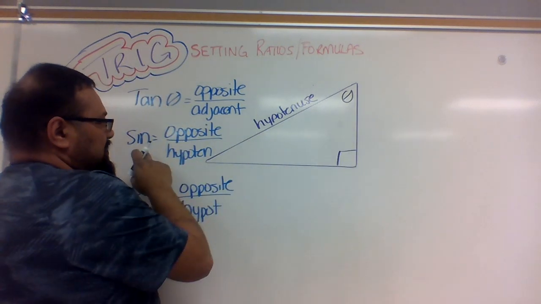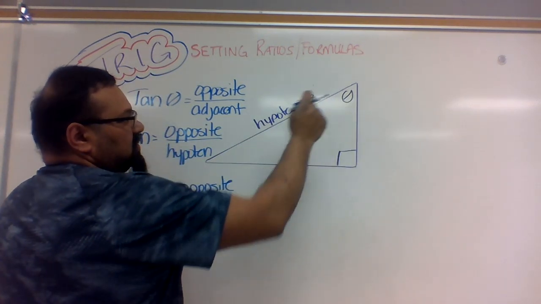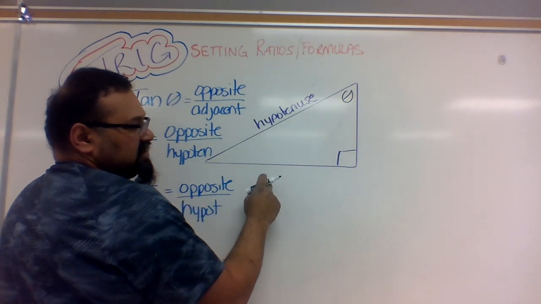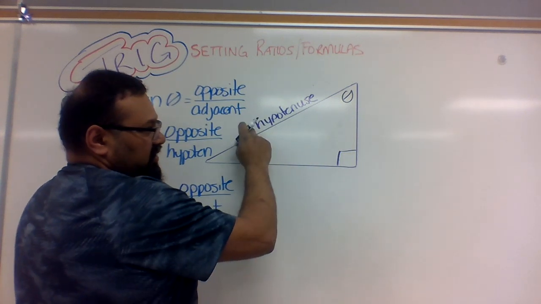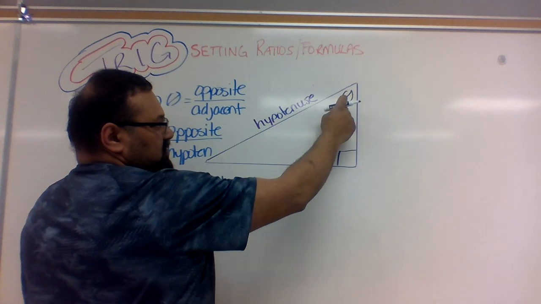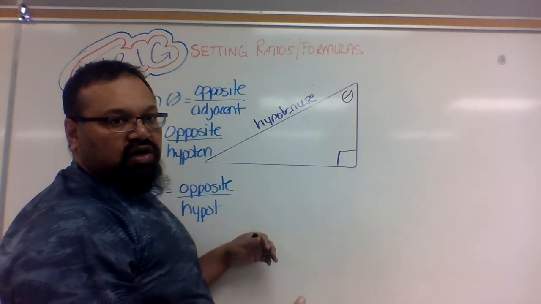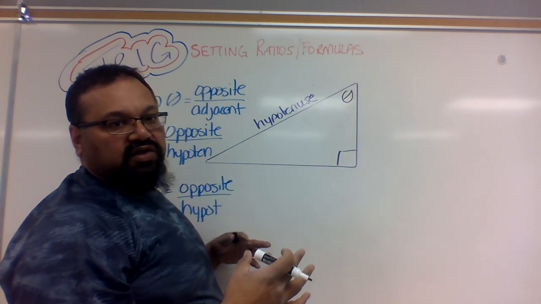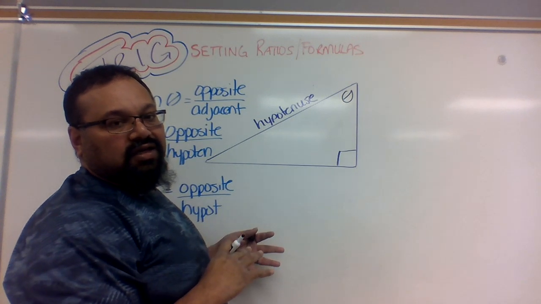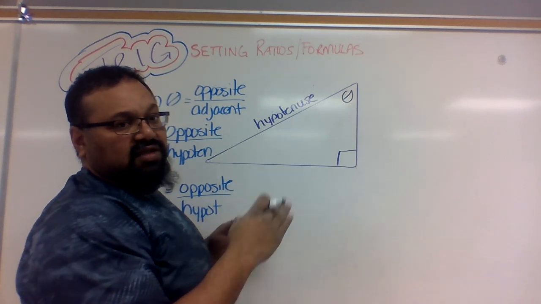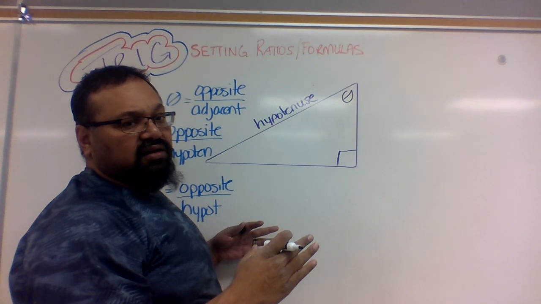If we're working with sine of this, this is still the opposite side. This is the hypotenuse, and this is the adjacent. So where the angle we're looking for is determines where the opposite and the adjacent sides are. The hypotenuse never changes. The hypotenuse is always the longest side of the triangle.